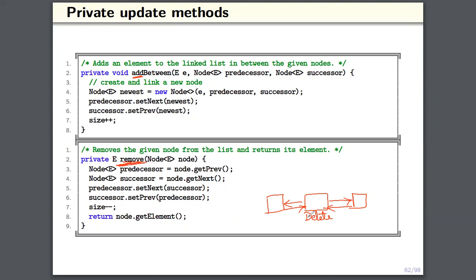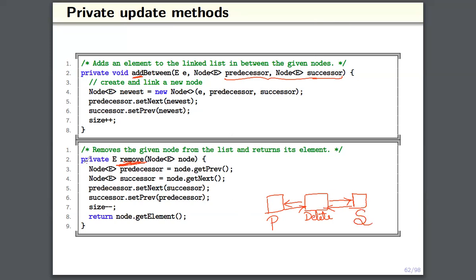Given a pointer to a node, you want to directly remove it. But what about fixing the links between its predecessor and successor? We don't need those as input because we can compute it on the fly. See, predecessor is nothing but node dot get previous. If you take the previous pointer of that node, you get the predecessor. If you take the next pointer of that node, you get the successor.